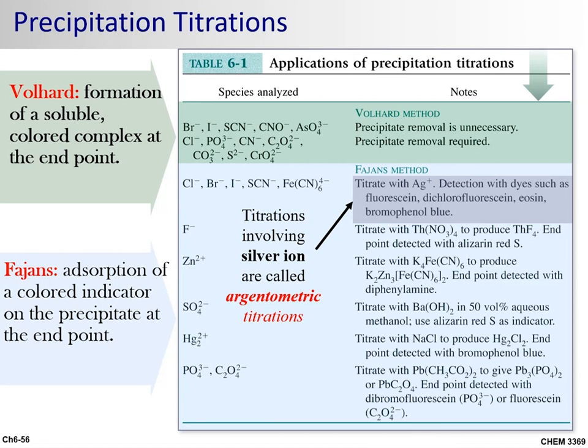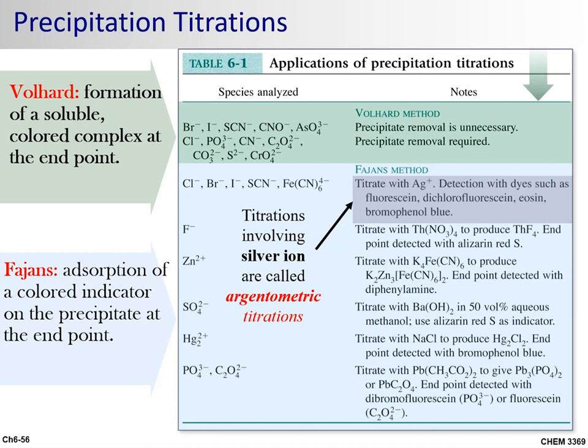It has a negative charge, so it will be attracted to the particle of the precipitate at the equivalence point when that particle acquires a slight positive charge. Then the interaction between this indicator and the particle results in a change of the color, and that's an indication of the endpoint when the solution changes color.